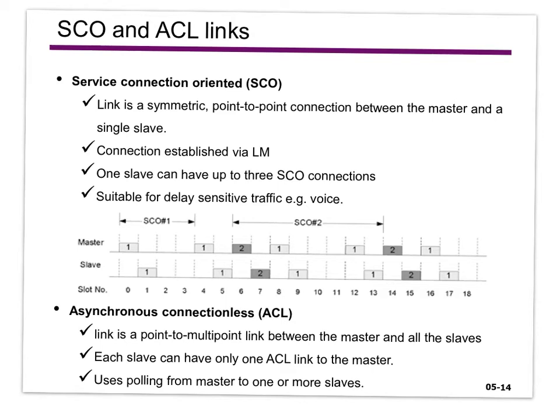Whereas for ACL, it's a link because it's not actually a connection in the sense that we establish a connection. Yet it's still logical communication going from the master to one or maybe all the slaves at the same time. So it's generally point to multi-point communication. It could be from the master to one of the slaves, or from the master to all the slaves at the same time, in which case it's a broadcast.